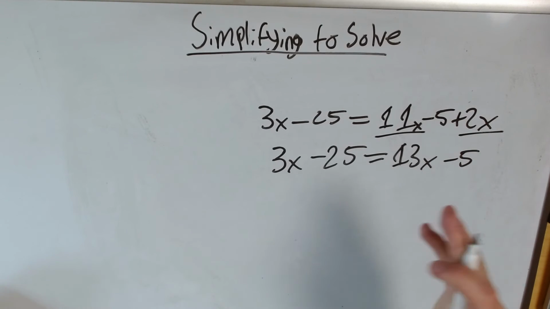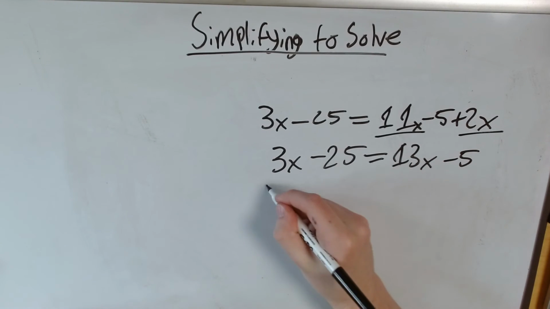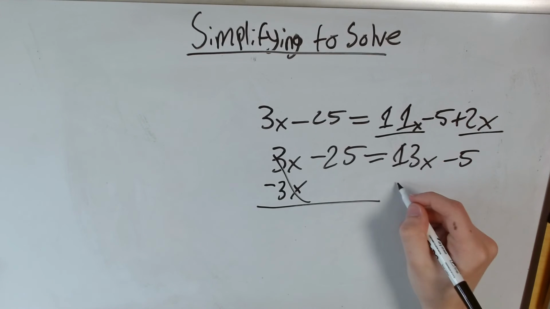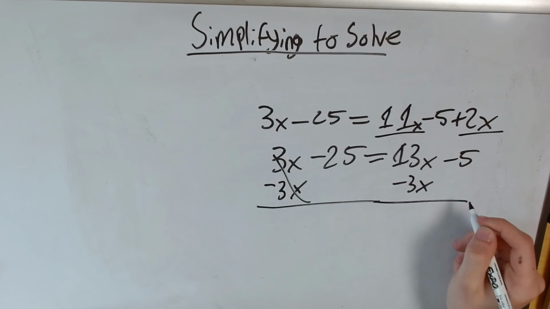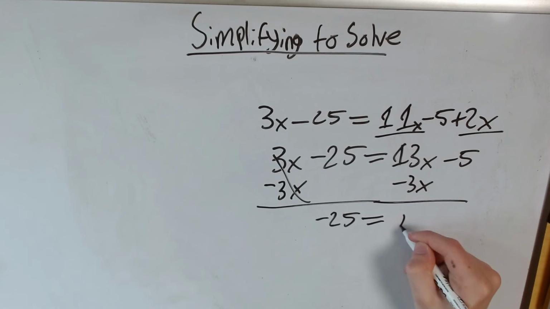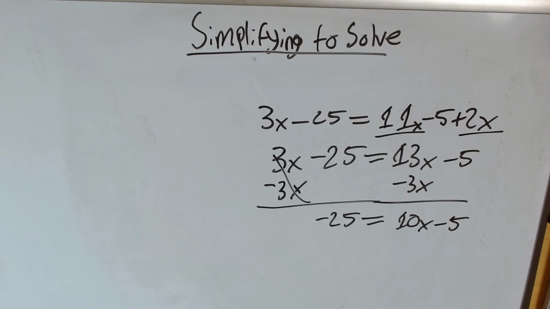And now I want to get all our x's on a single side. In this case, I'm going to choose the right-hand side. Right? I'm going to subtract 3x to get rid of this. And of course, we have to do it on both sides. So we're left with negative 25 equals 10x minus 5. Now, this looks like a multi-step. So we're going to do the exact same thing that we do for multi-steps.